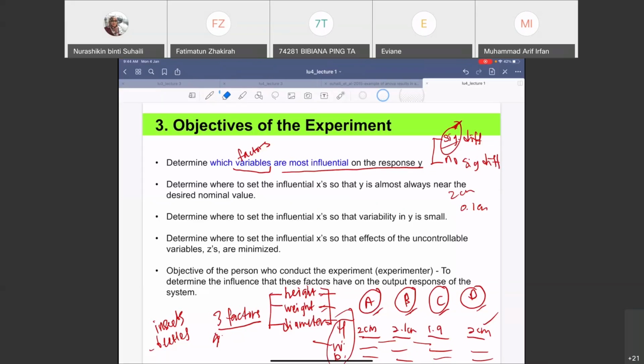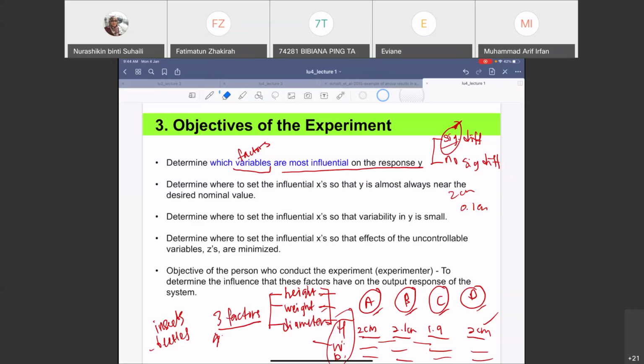Then we can see, okay, the weight will differ across all of these areas, whereas height actually has no difference. So that is the thing that you are looking for when you do any experiment. This is just an example, but it applies the same way in other situations.